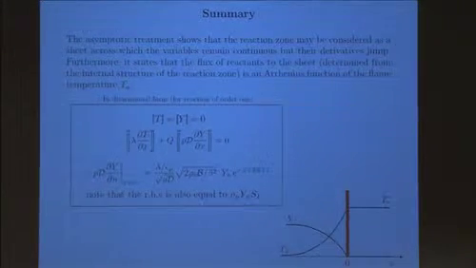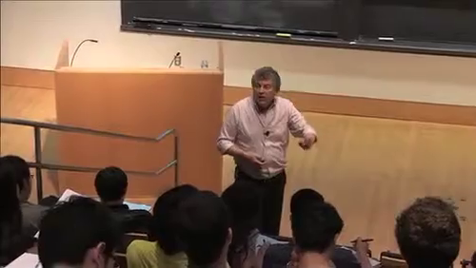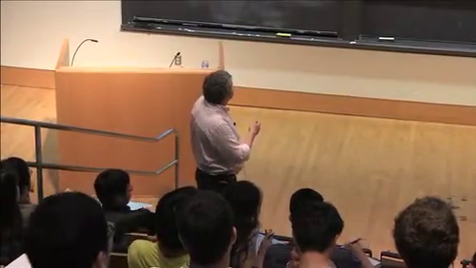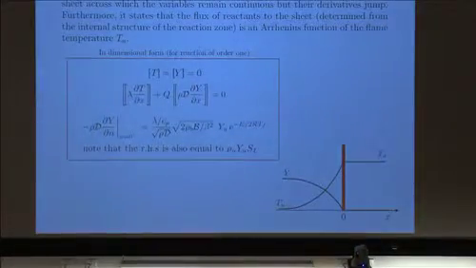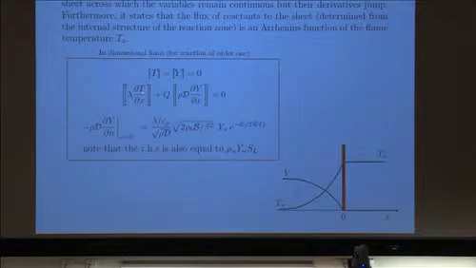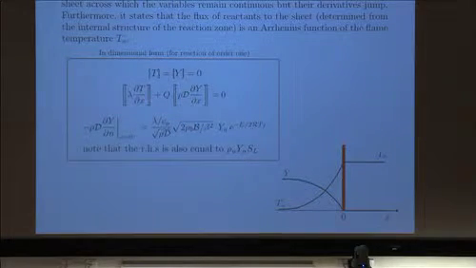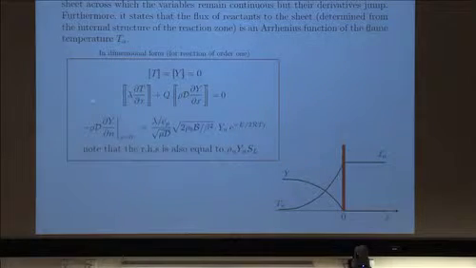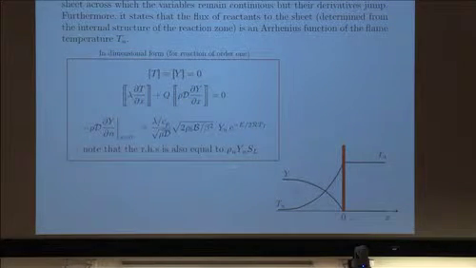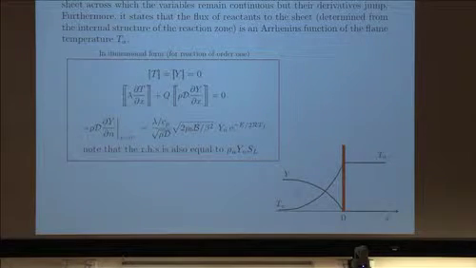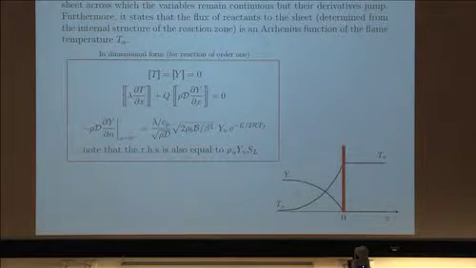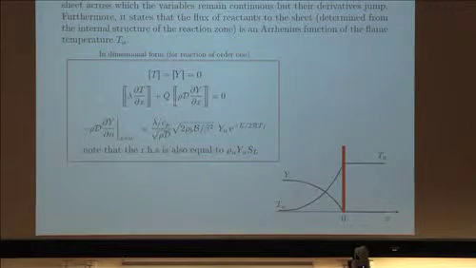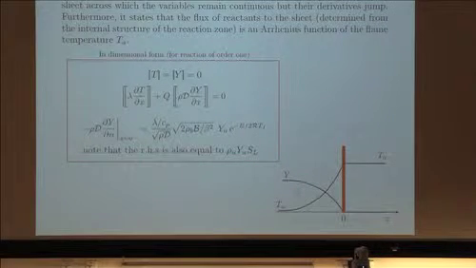the asymptotic treatment shows that the reaction zone may be essentially considered as a sheet across which one must ensure that the variables, namely the temperature and the mass fraction, are continuous, and that the net flux of temperature and mass fraction are related, as we have seen. And in addition, this is the expression that we derived through the reaction zone, that the flux of fuel into the reaction zone must be equal to this quantity in order to maintain the flame steady, right?